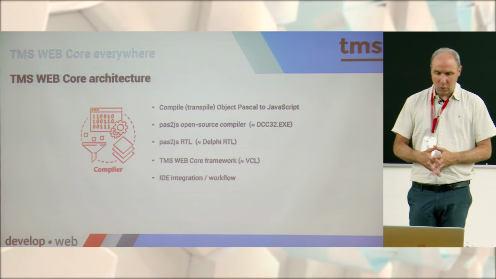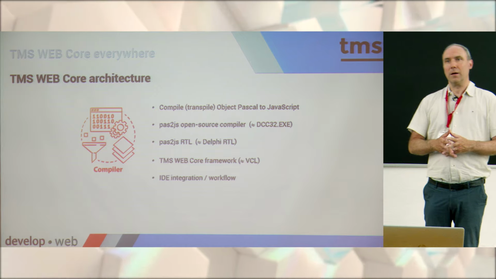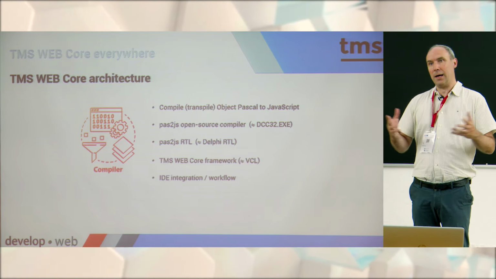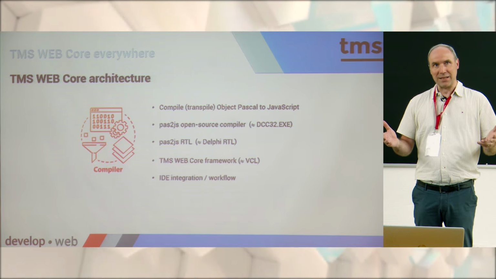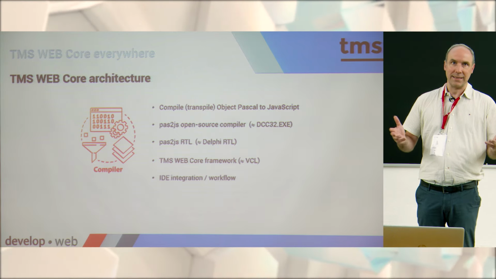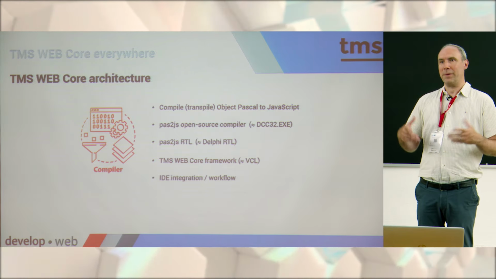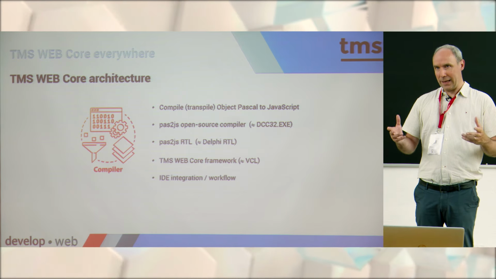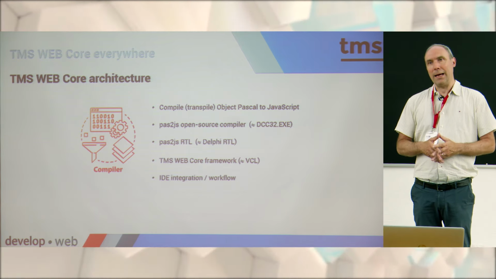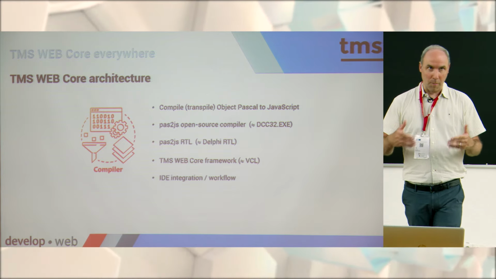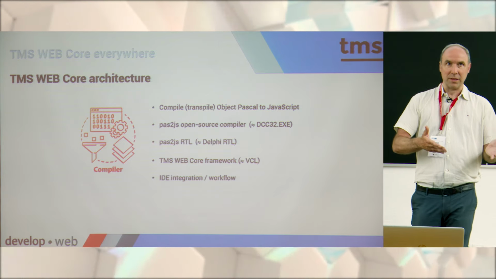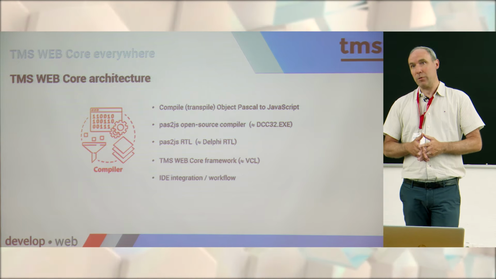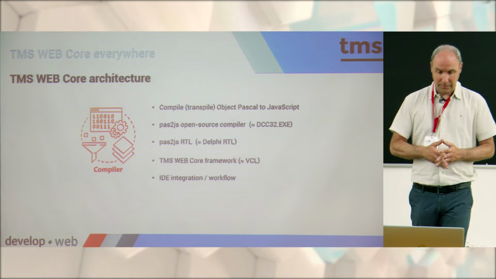Now, technically, how do we achieve that? For us as Object Pascal developers, everything happens thanks to the magic of the Pas2JS transpiler. The Pas2JS transpiler is something that is created by the FPC team, and it enables you to compile or transpile Object Pascal code into JavaScript code, and it's the JavaScript code that will run in the browser.